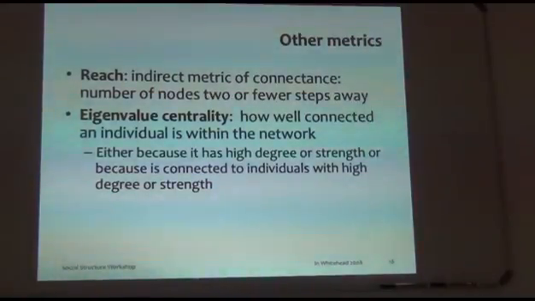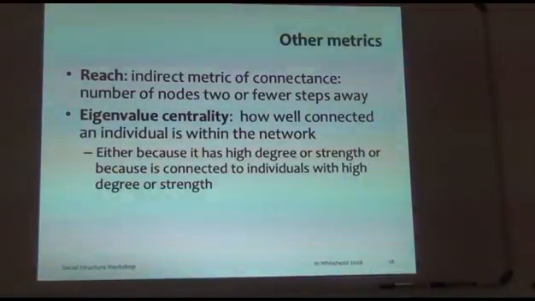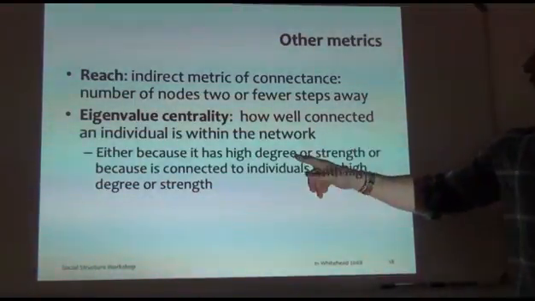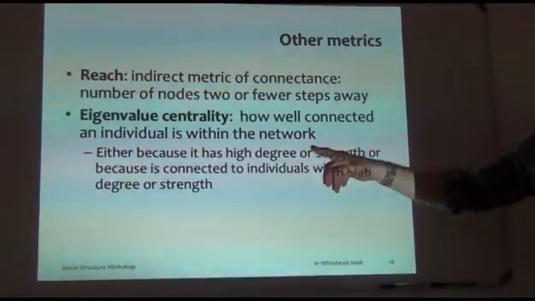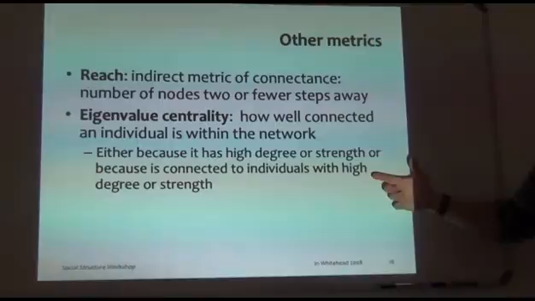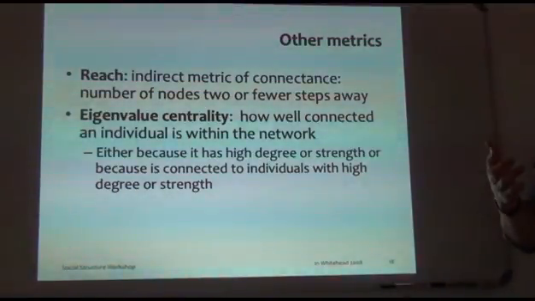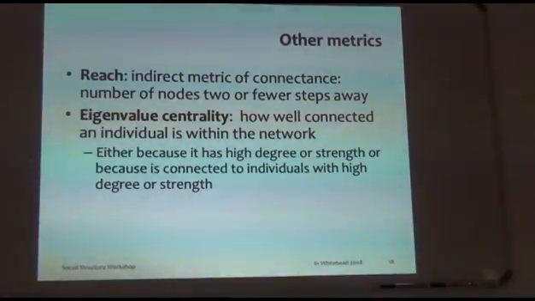You can have eigenvector centrality, so it's how connected an individual is within the network. So it could be either because it has a high number of connections or strength, or because it is connected to individuals with high degree or strength. So either you're popular or you're best friends with a popular guy, which is a strategy that works well in high school.